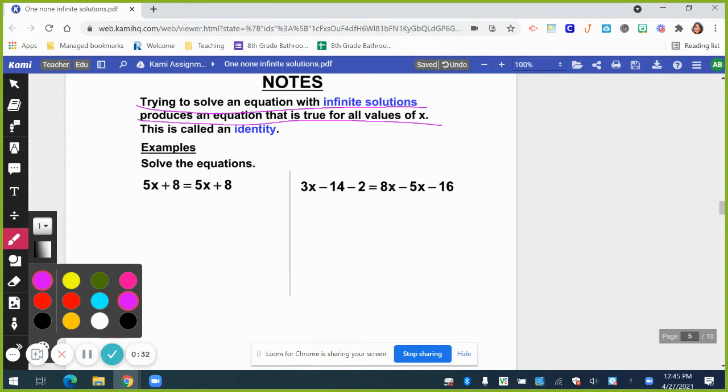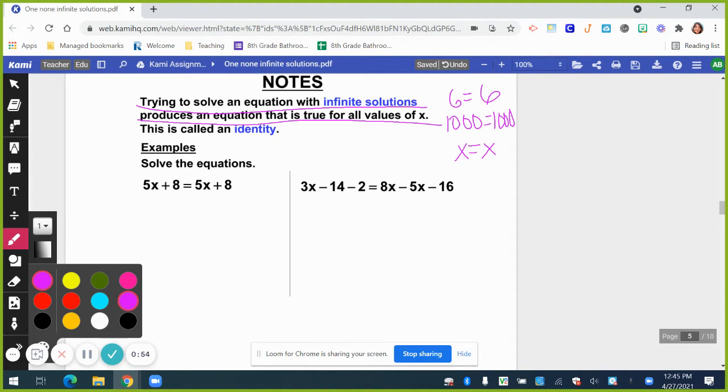This is called an identity. So you'll find this when it's something like 6 equals 6, or 1,000 equals 1,000, or x equals x. All of those are examples of infinite solutions.